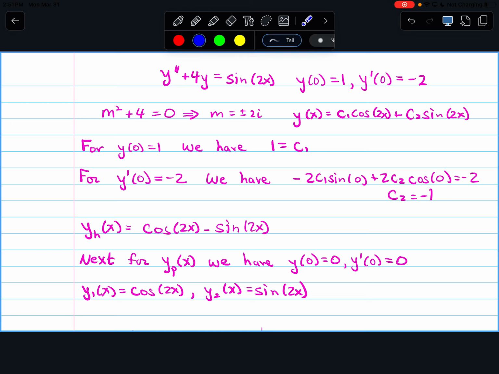For that one, we get this, and what we find there is C2 equals negative 1. So now we have this homogeneous situation where C1 is 1 and C2 is negative 1.